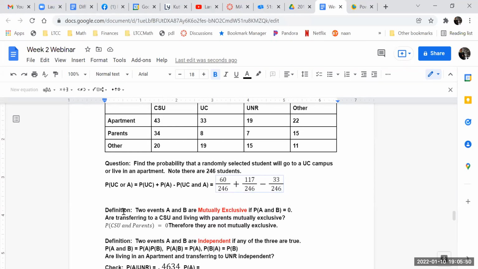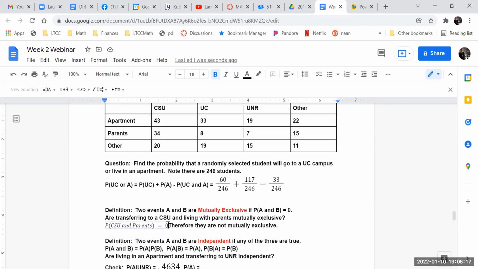Okay, let me give you a couple definitions that we're going to end up with. Two events A and B are called mutually exclusive if the probability of A and B is equal to 0. So the question is, are transferring to a CSU and living with parents mutually exclusive?